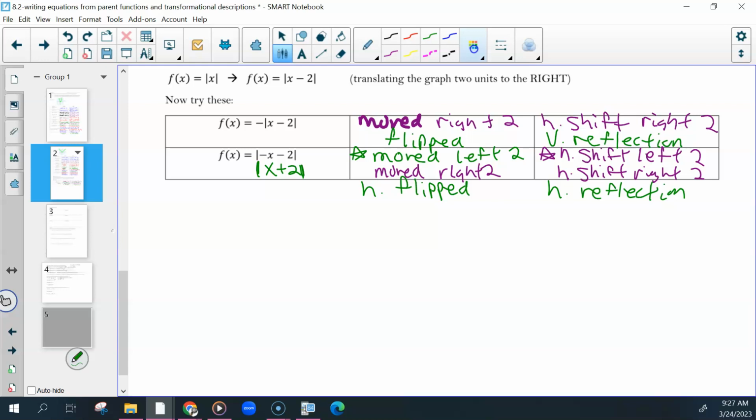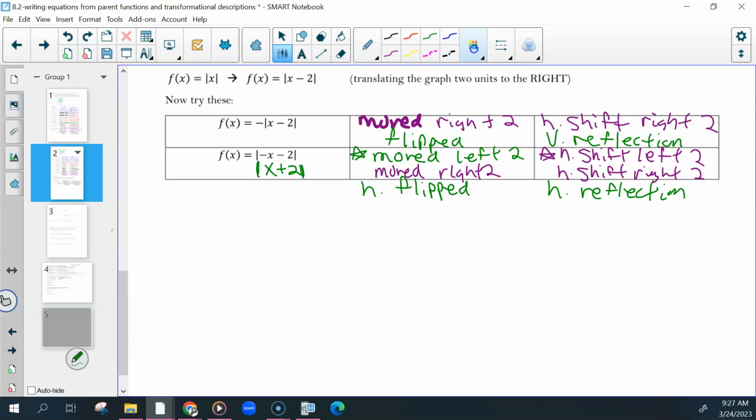So then next class we're going to talk about how you can know what's vertical, what's horizontal just by looking at something and kind of what those look like and do some more examples.